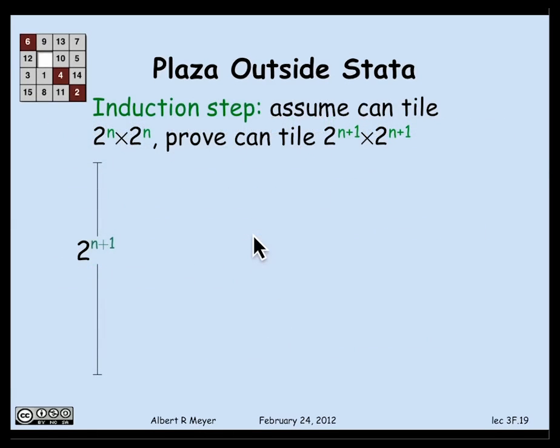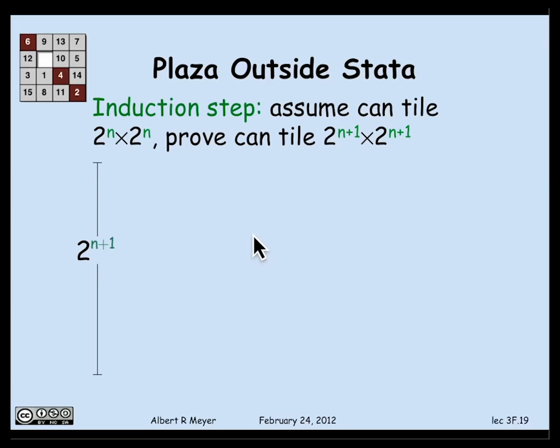All right, so now we come to the double size square, the square that's of size 2 to the n plus 1 by 2 to the n plus 1. I have to tile that with Bill in the middle, but I have a fairly powerful induction hypothesis that I'm allowed to assume, namely that I can tile the half-size square, the 2 to the n by 2 to the n square, and get Bill in the middle.